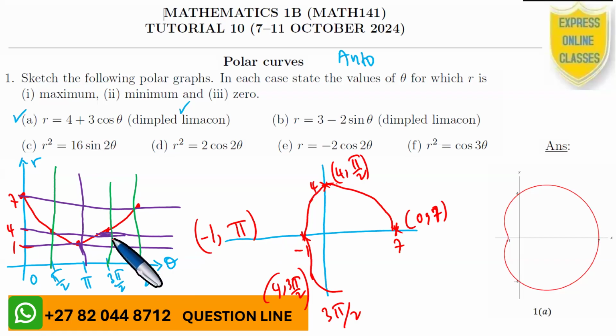At 3 pi over 2, it is obviously a 4, but now it is increasing in the other direction.